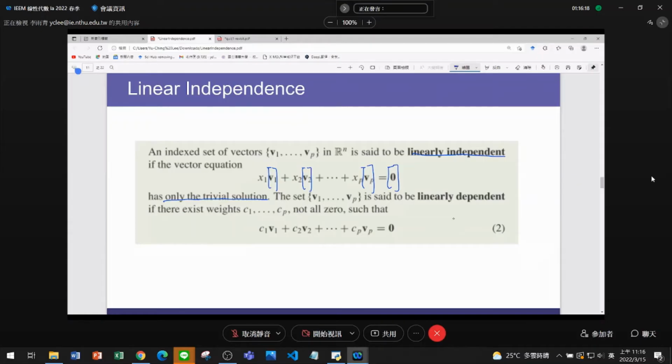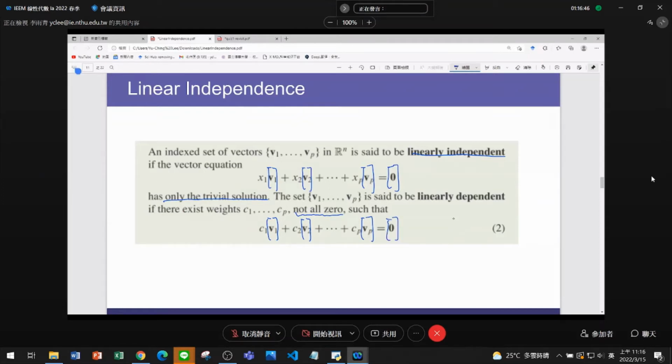On the other hand, the set v1 to vp is said to be linearly dependent if there exist weights c1 to cp, not all of them being 0, such that the equation c1 times v1 plus c2 times v2 plus ... plus cp times vp equals the 0 vector.